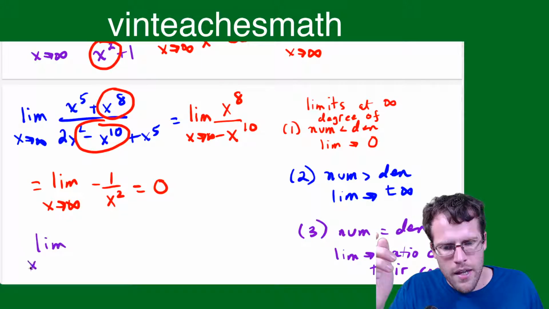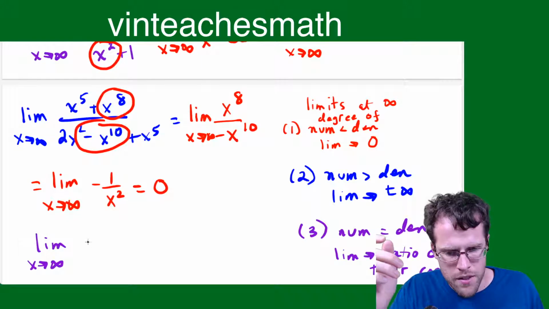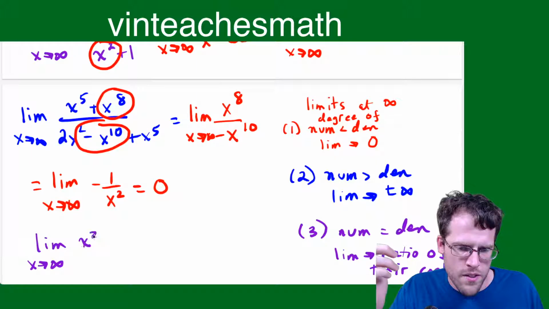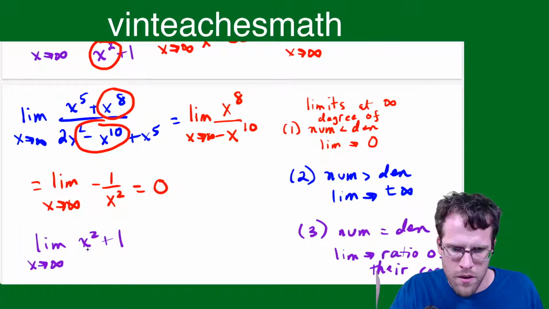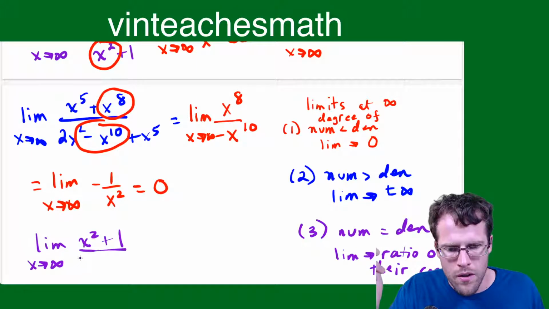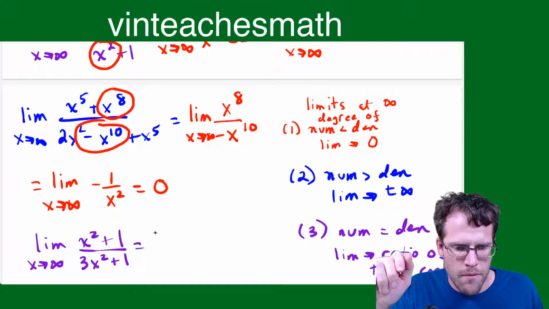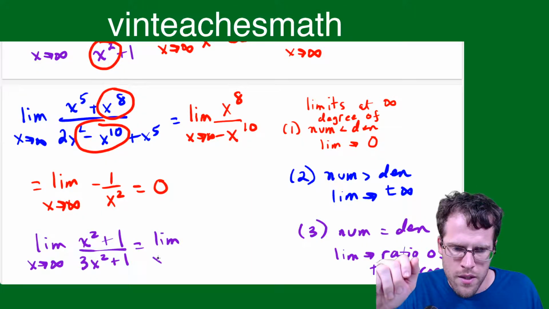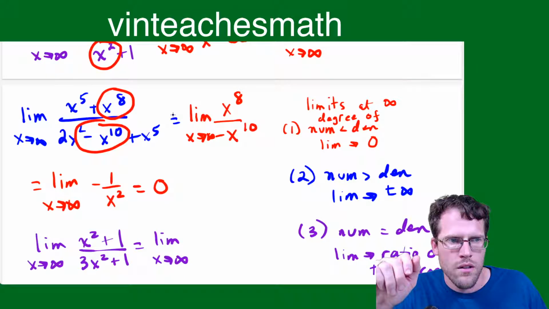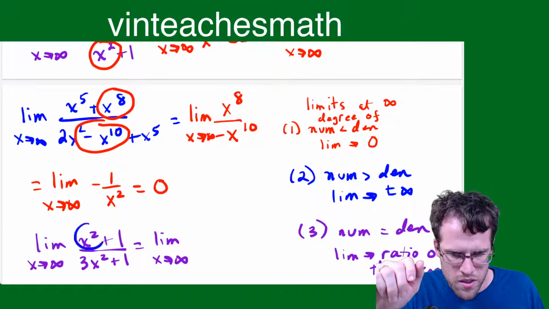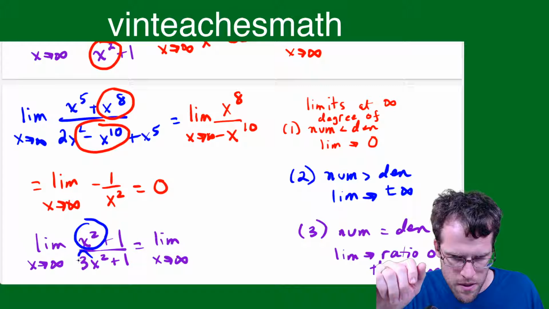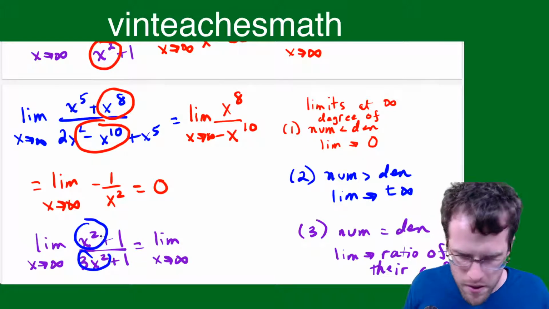Like if you had the limit as x goes to infinity of, let's say, x squared plus 1 over 3x squared plus 1. See how it's a tie, but I could use that leading term concept that I only have to look at the leading terms. So this is the only stuff that matters. X squared on top, and let's make that neater.